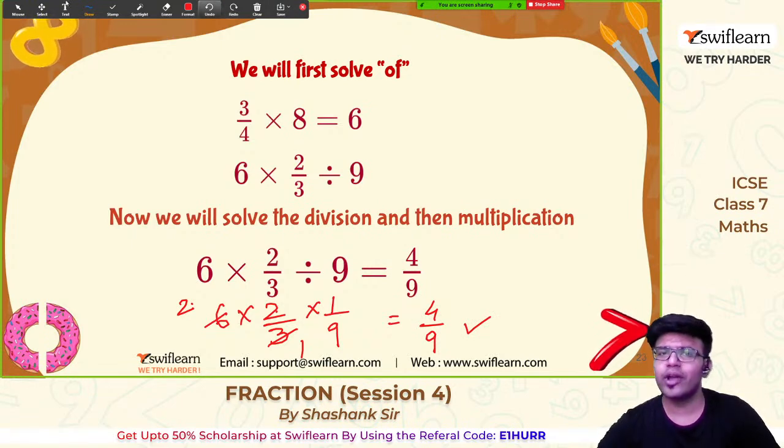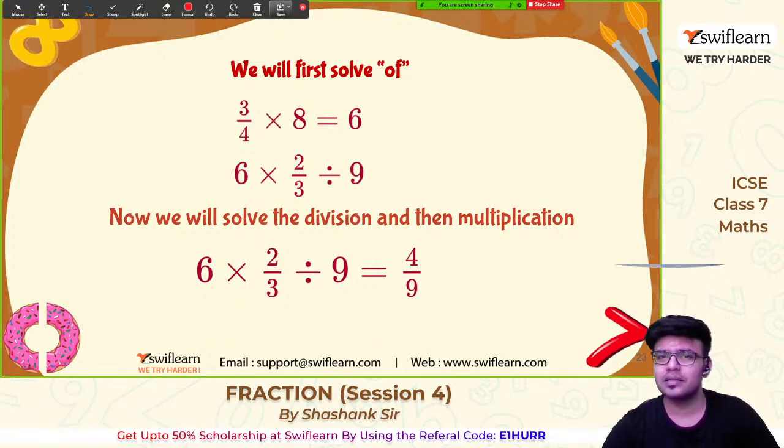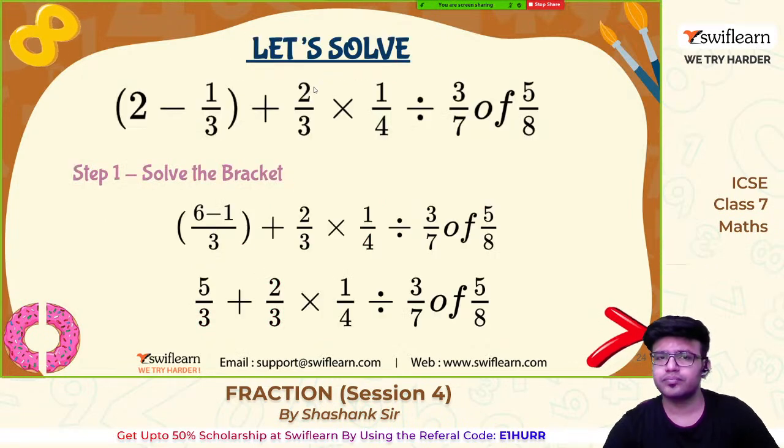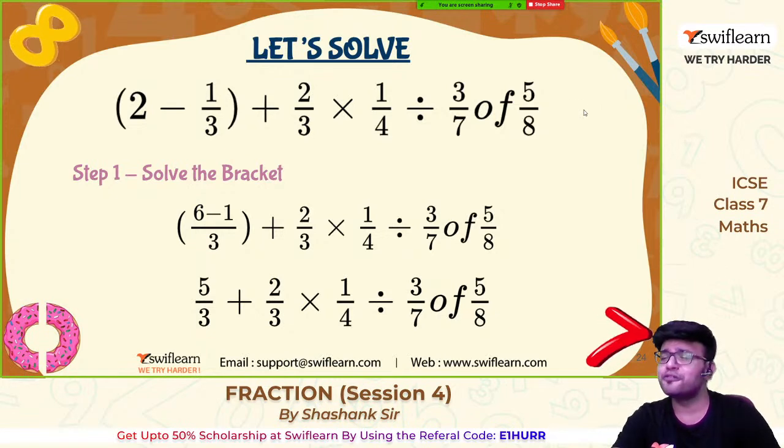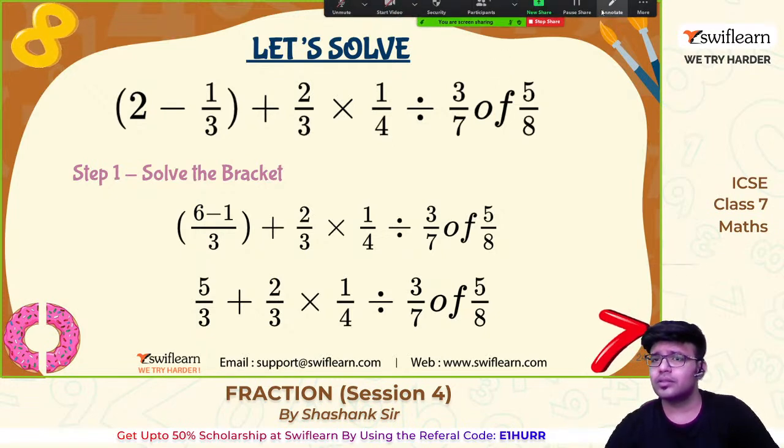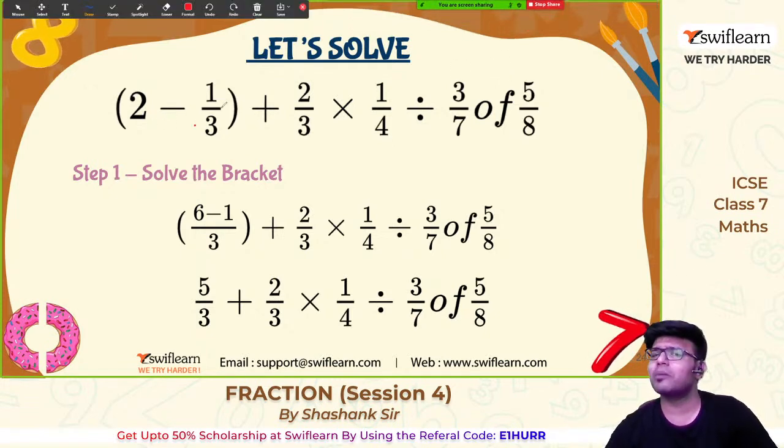So moving on to the next problem, guys. Let us solve this: 2 minus 1 by 3 in a bracket. According to the BODMAS rule, first let us solve the bracket. So 2 minus 1 by 3.